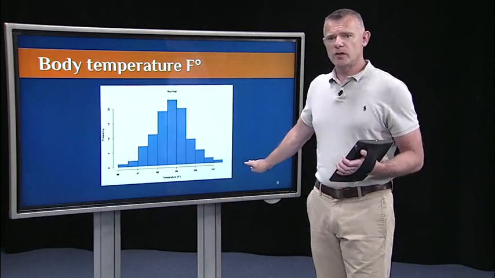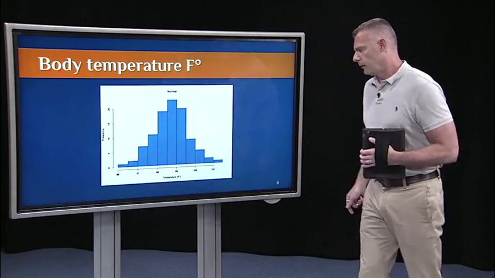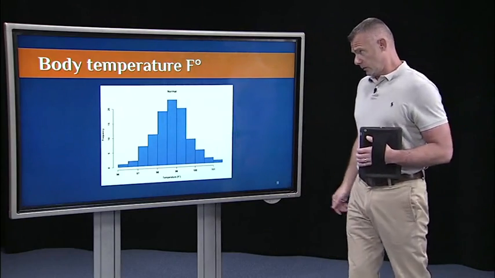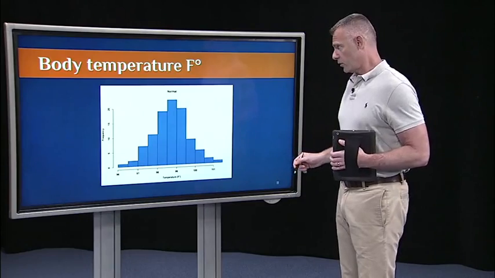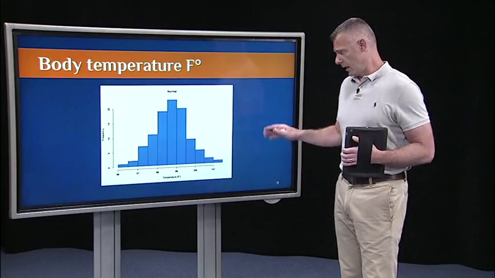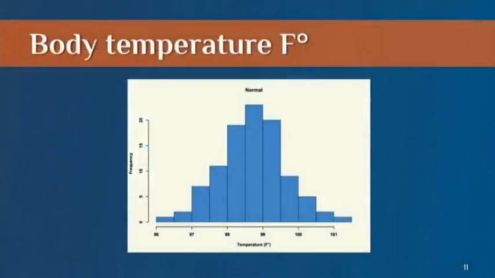So here's a histogram. This is from way back in the lecture on distributions. This is a histogram of body temperature in degrees Fahrenheit. It's a normal distribution. If you're not used to Fahrenheit, the normal average body temperature in Fahrenheit is 98.6. And you can see that's like right about here.